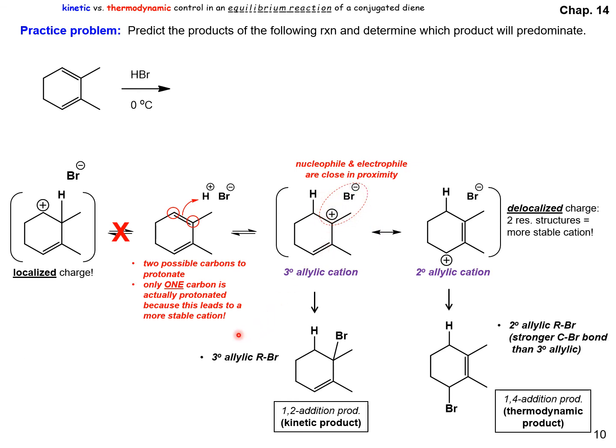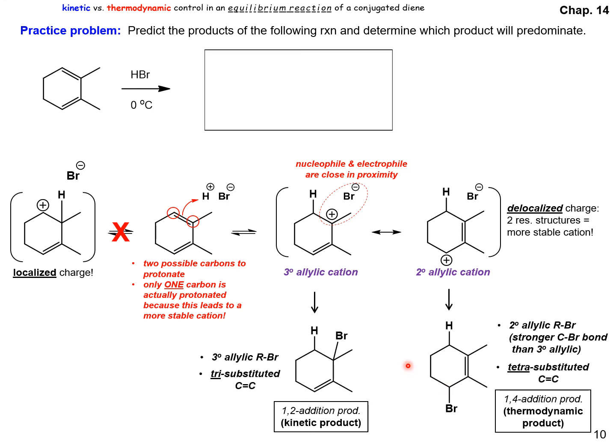On top of that, we have other structural differences between these two that will allow us to determine which is the thermodynamic product. We know that this molecule has a tertiary allylic carbon-bromine bond, and this has a secondary allylic. Well, it's much easier to break this bond than it is to break this bond because this is a tertiary carbon and that's a secondary carbon.